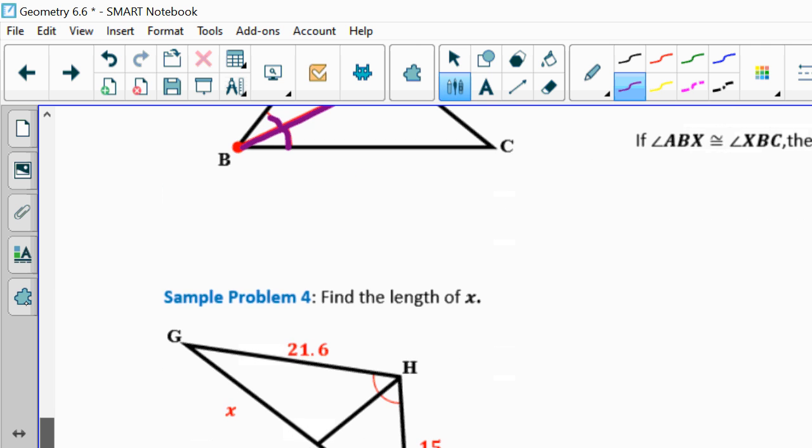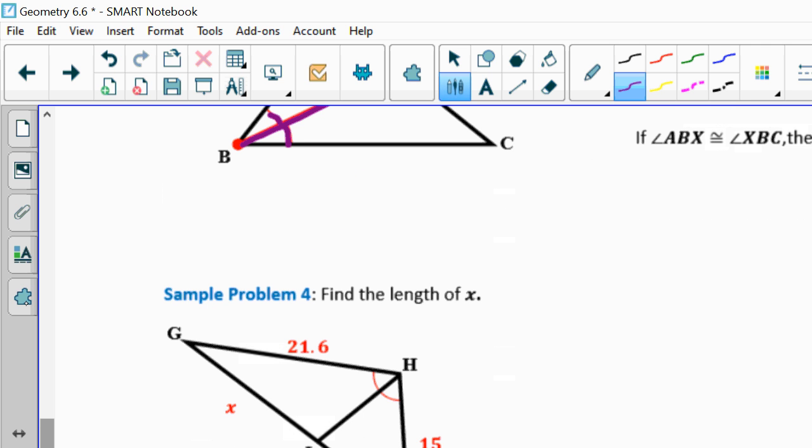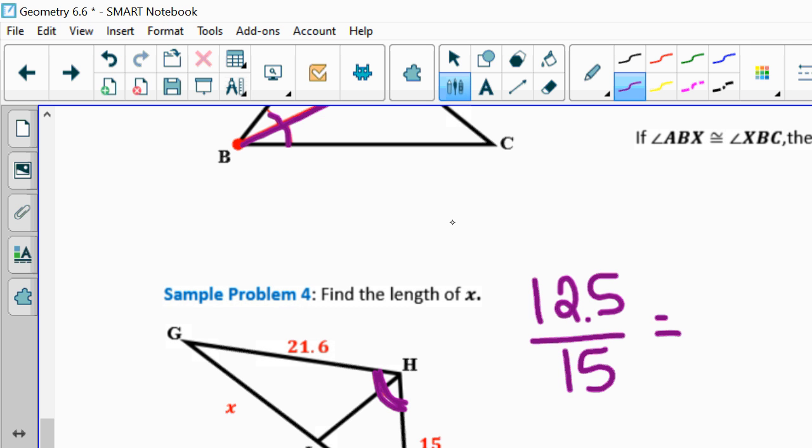So let's do an example of that. Here, find the length of X. I see that this has been cut in half. So I could say 12.5 over 15 would equal X over 21.6.